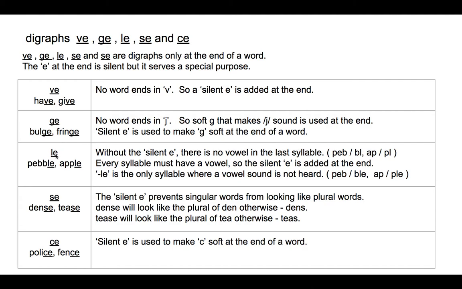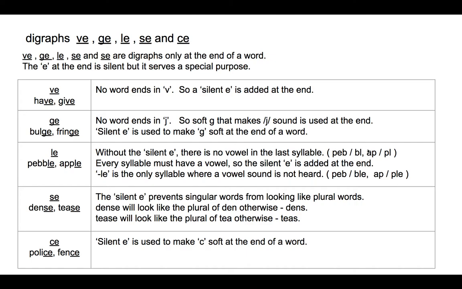The digraph LE makes the sound L. For example, pebble. Without the silent E, there is no vowel in the last syllable. So when you divide the word pebble, you could see that if you take away the E, there will not be any vowel in the last syllable.